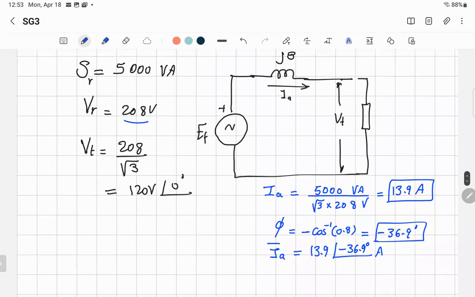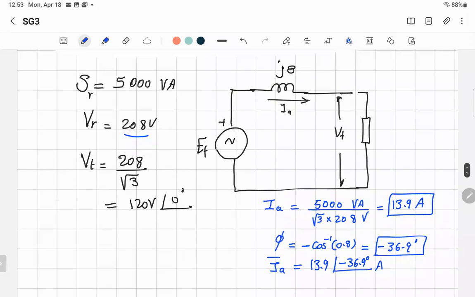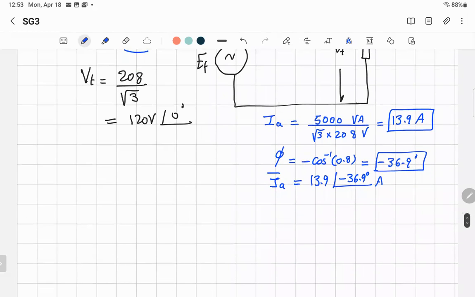I got the current. Why did I get the current? Because in the equivalent circuit to find EF, we have the terminal voltage VT plus the drop across XS, right? So solving it algebraically, I would say EF equals VT plus jXS times IA.